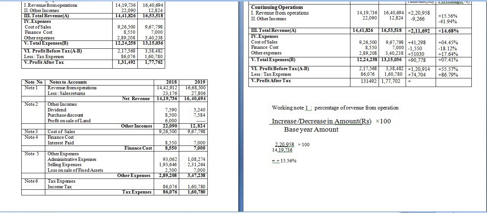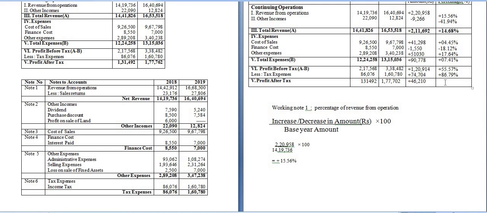Okay. Amount of profit after tax has also increased. How much? 1,31,492 minus 1,77,702. So how much is it? 46,210 rupees.